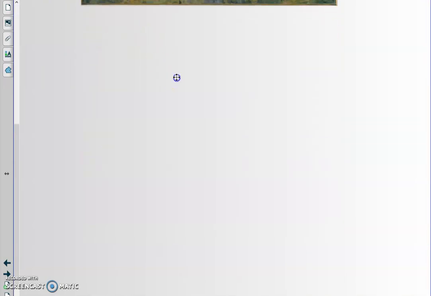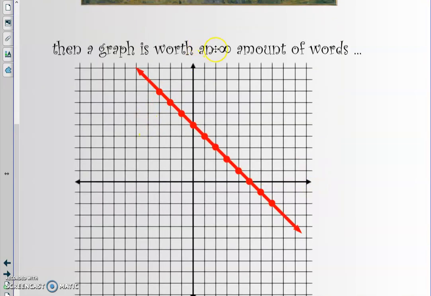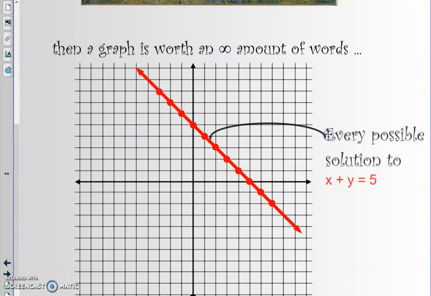But in math class, our graph is worth an infinite amount of words. This graph represents every single possible solution to x plus y equals 5. When x is 6 and y is negative 1, this equation works. That is why we graph things. Graphs represent the infinite solutions to an equation or an inequality.